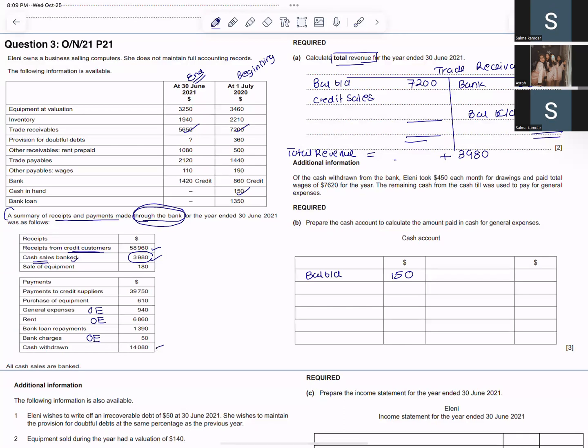And this is cash withdrawn. Bank loan repayment will not be an other expense. The liability is being paid off. So cash withdrawn will come on the credit side of the cash account, because money is going out.